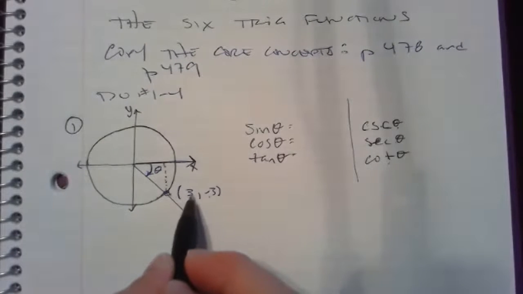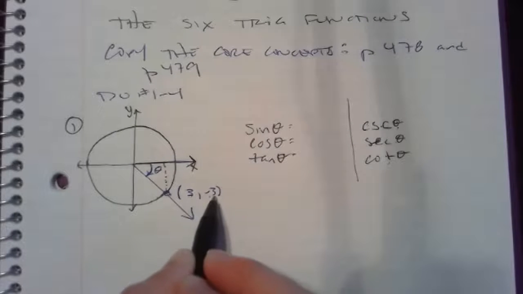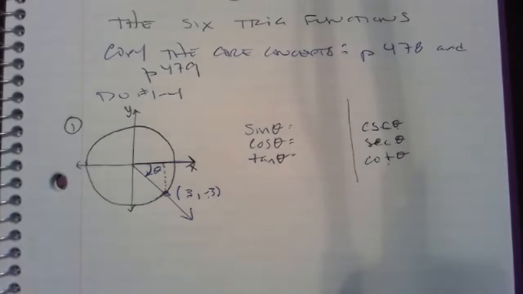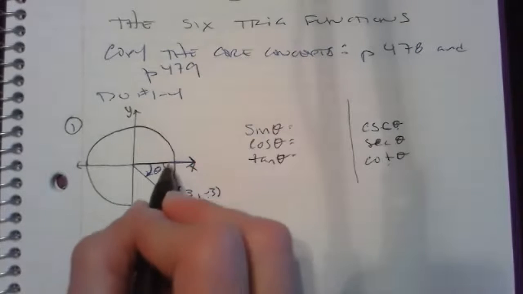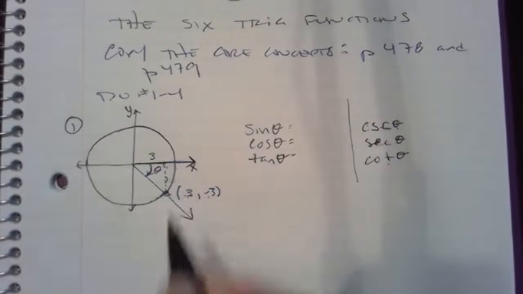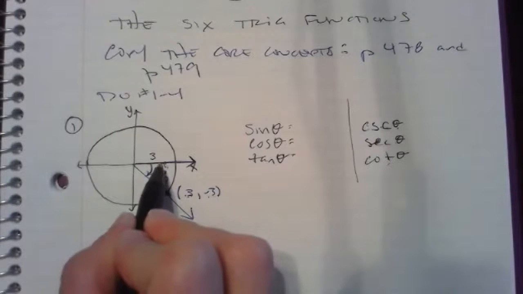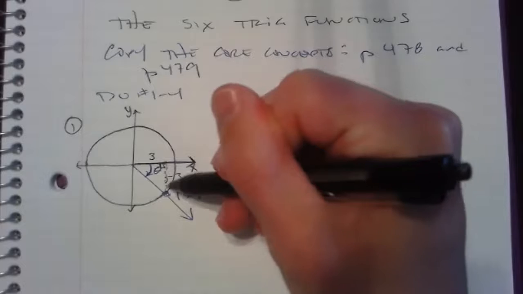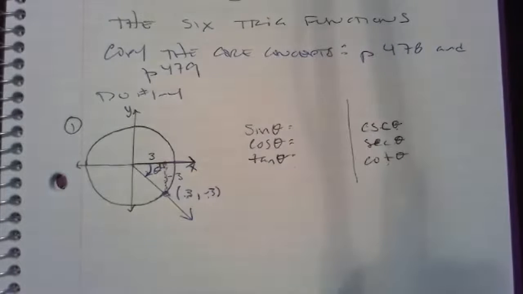Both these numbers are bigger than 1 or smaller than -1. So if the x value is 3, that means I have a leg of a right triangle that goes out here. The y value is -3. So I have a leg of the right triangle that goes here.